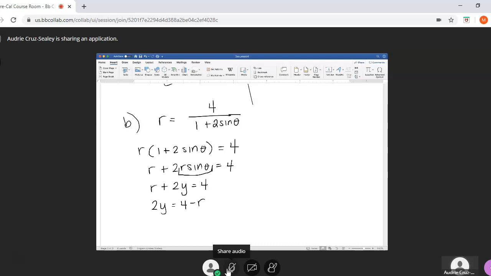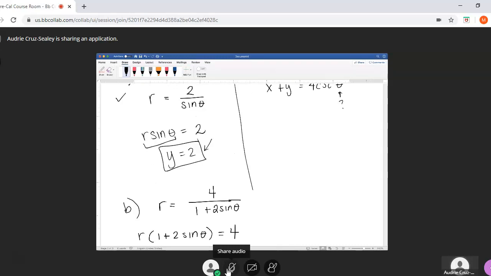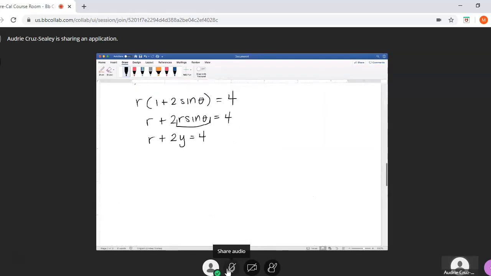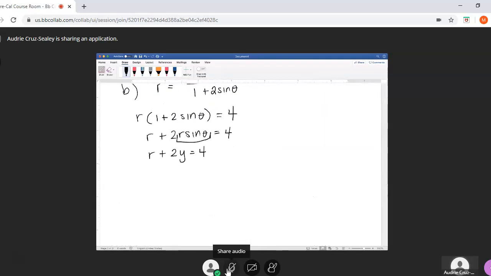So let me show you what I did. I moved the 2y over, and I got r equals 4 minus 2y.